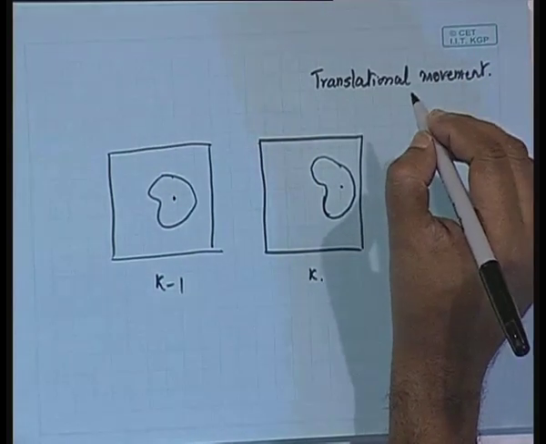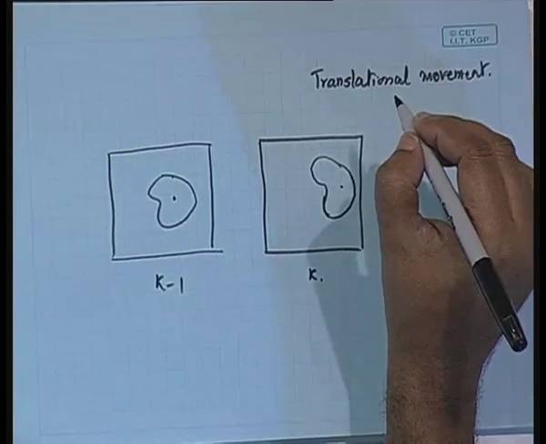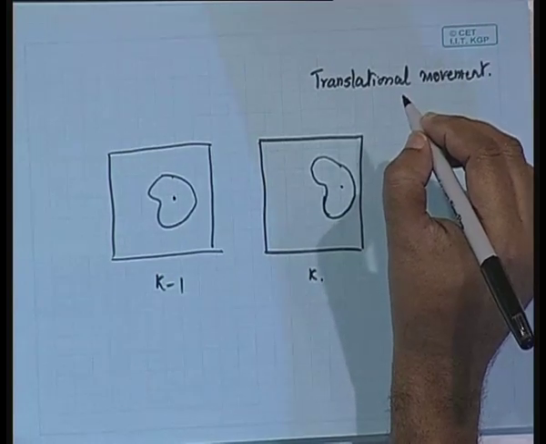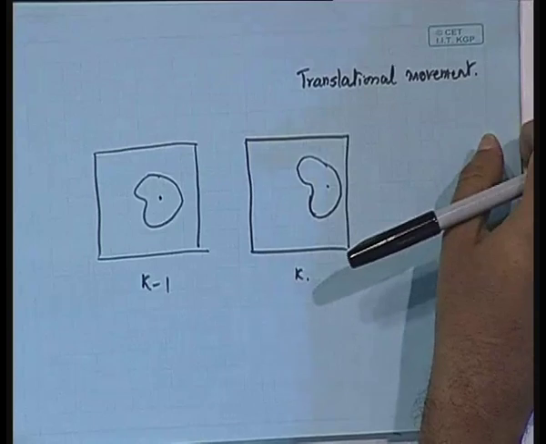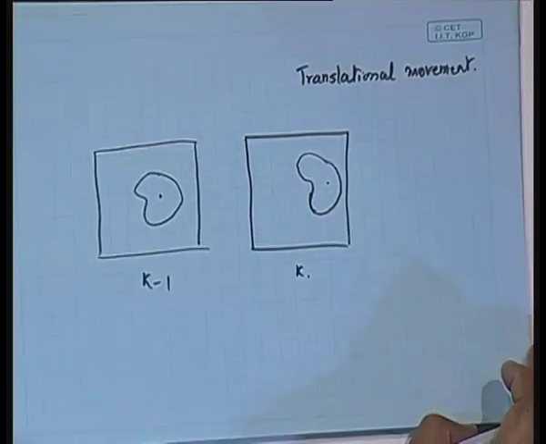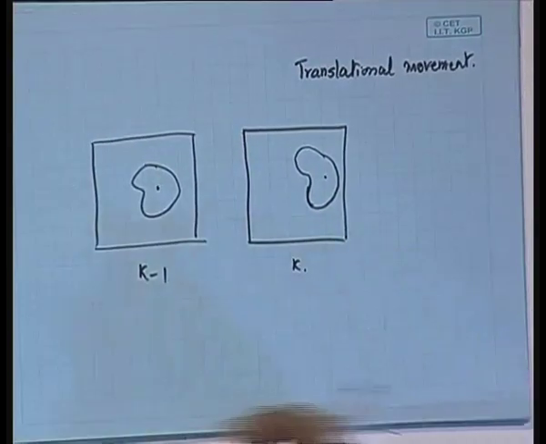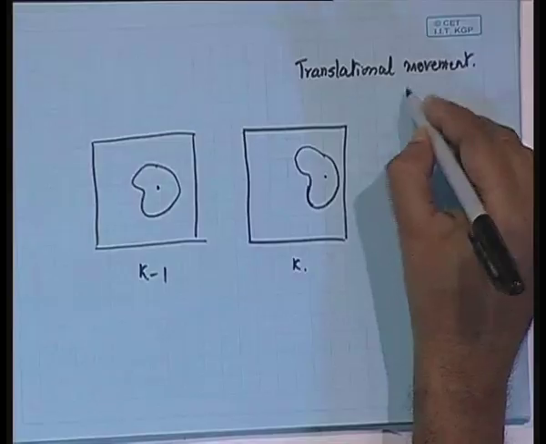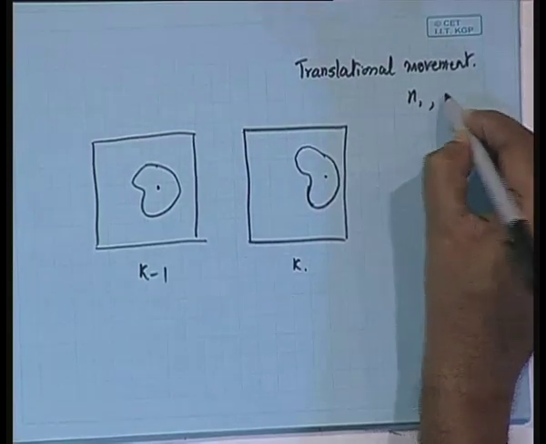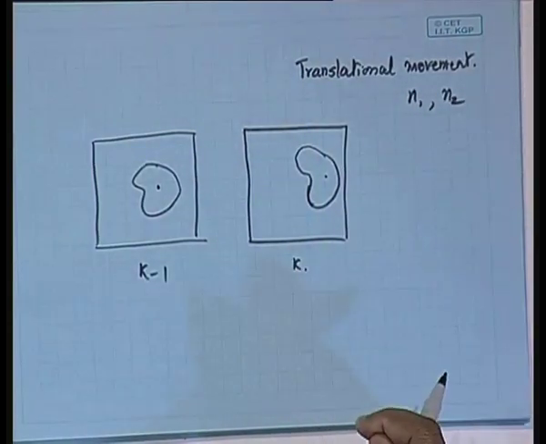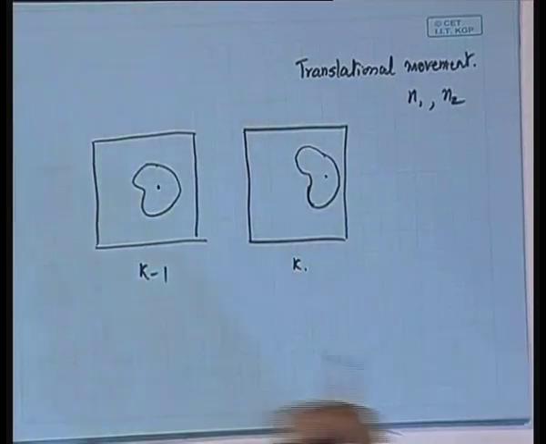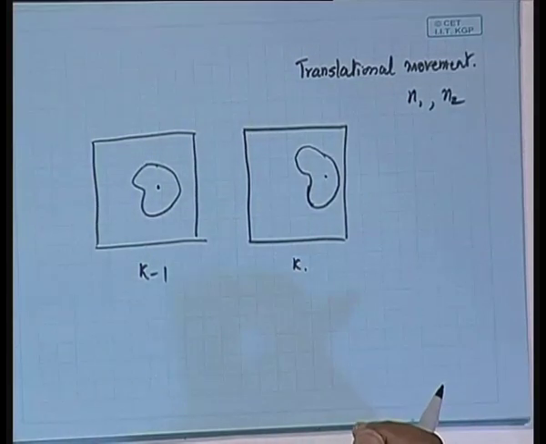If it does a translational movement, what are we going to have? Translational movement has an x component and a y component, or since we assume the directions as n1 and n2, one component along the n1 direction and one along the n2 direction.